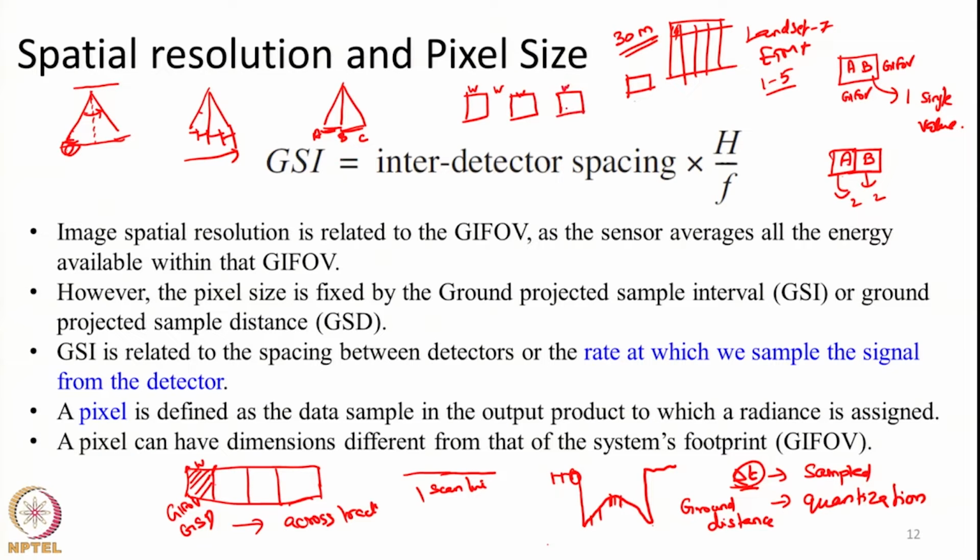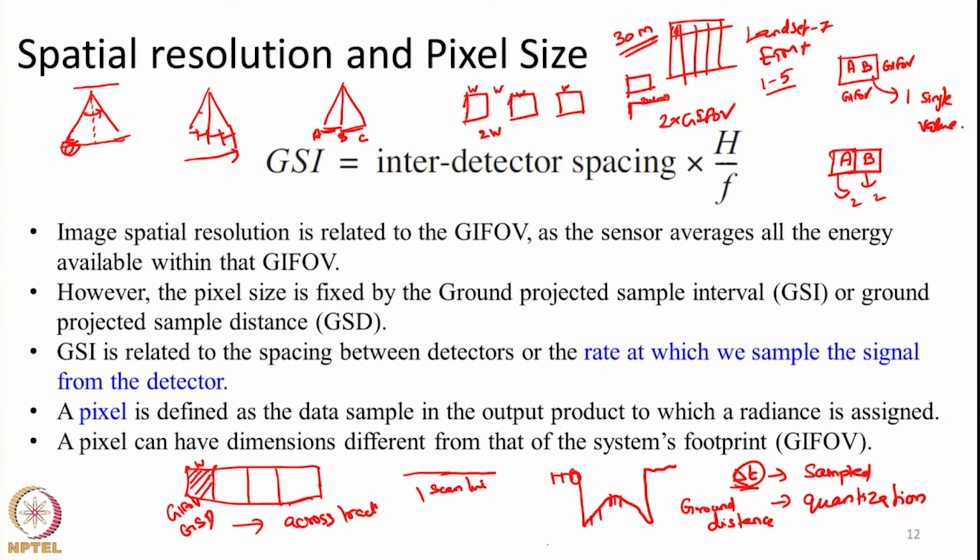If a hypothetical sensor is designed like this, with gaps in between detectors, not placed continuously like here, then the pixel size in the image will be determined by this distance to this distance, that is W plus W, 2W. Each pixel will have a size of 2W, or in terms of GIFOV, it is 2 times the GIFOV.